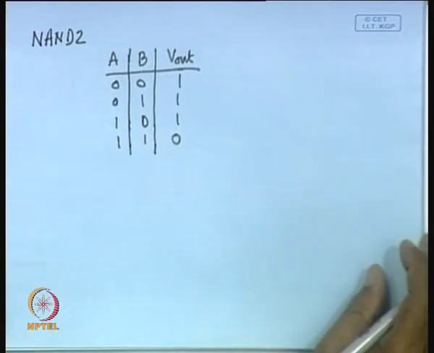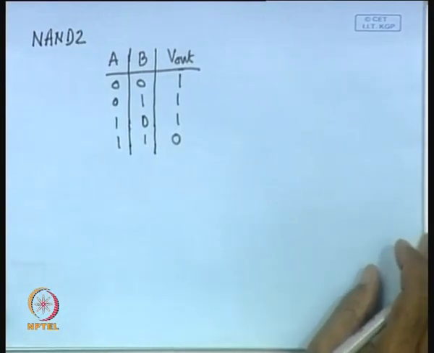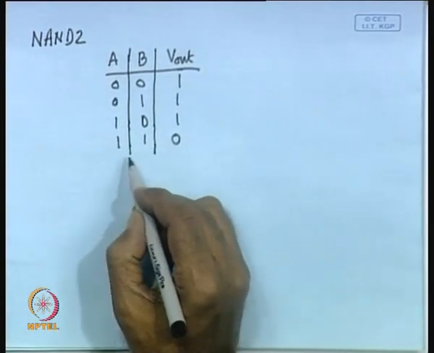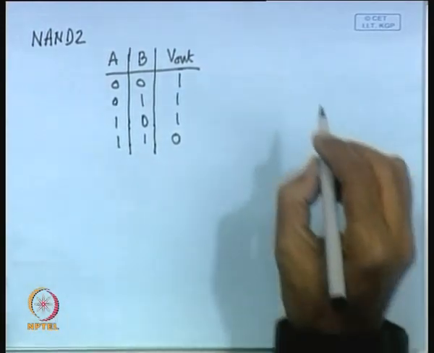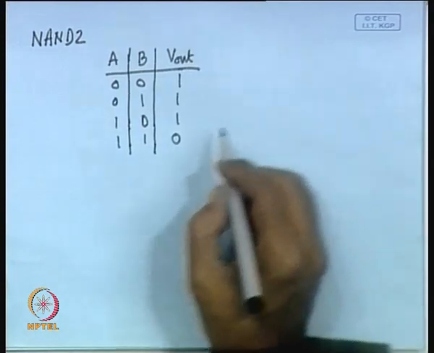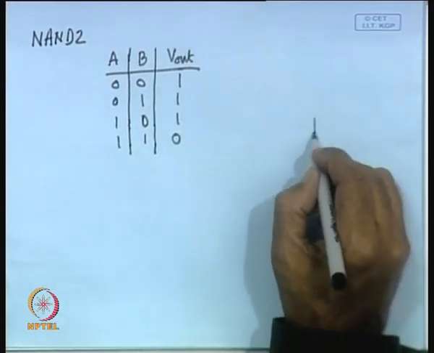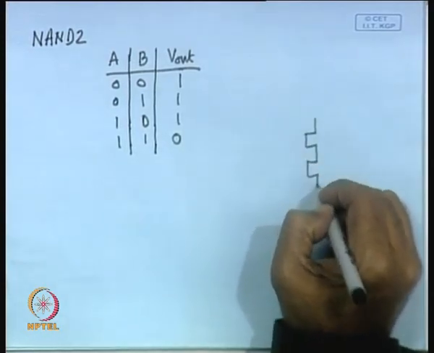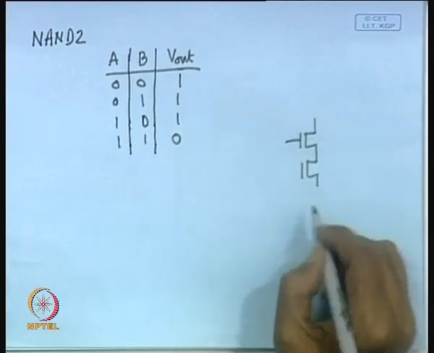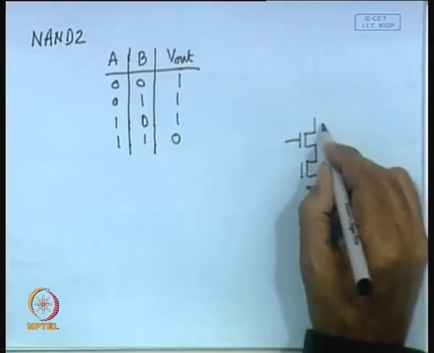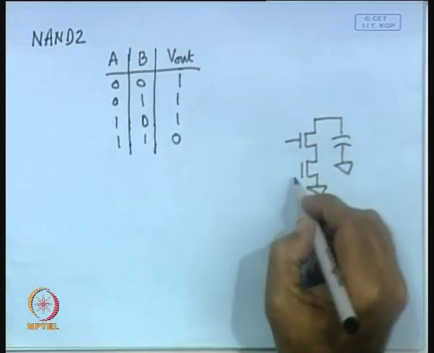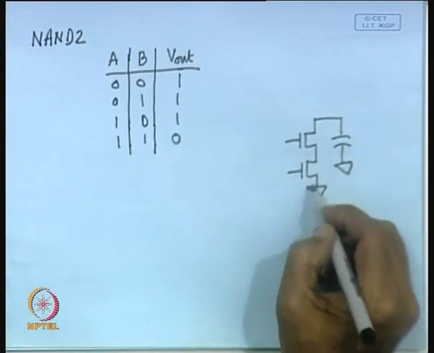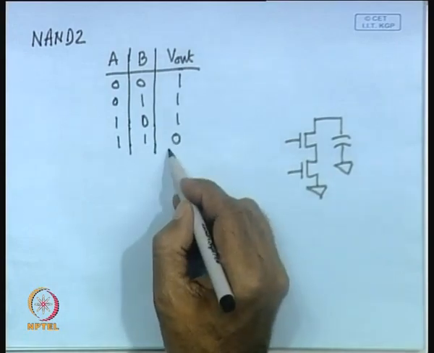This is how it can be realized. Now, how can you realize a NAND 2 gate? NAND 2 gates can be very easily realized by having 2 NMOS transistors in series connected to ground, because as you know, the role of the NMOS transistor network is to pull down the output to low level.